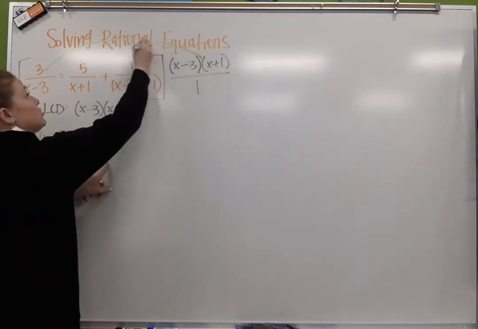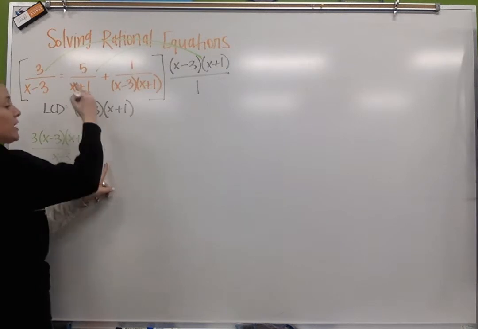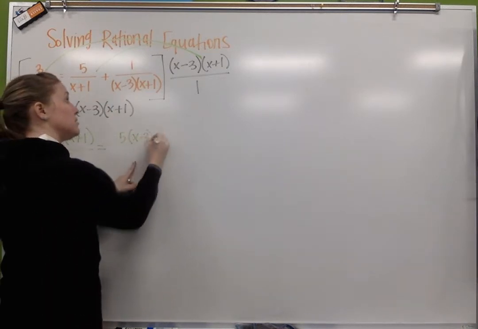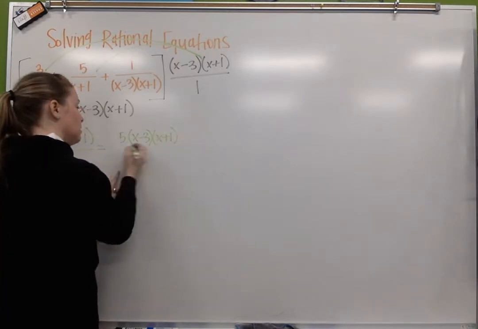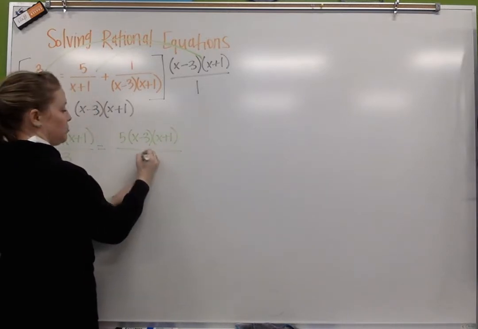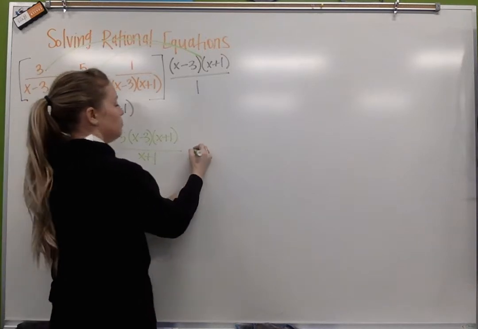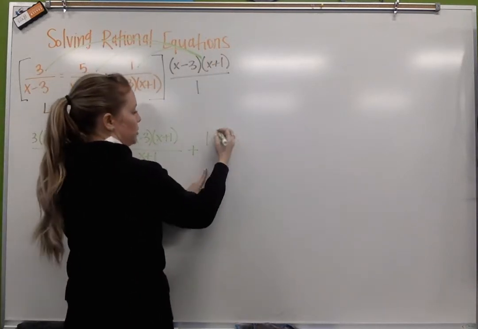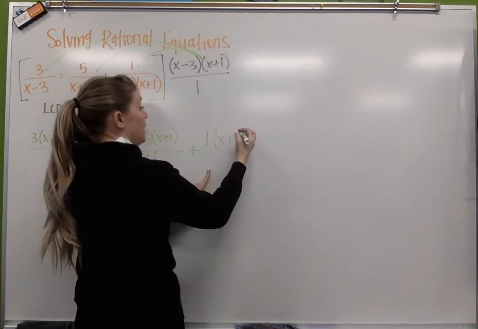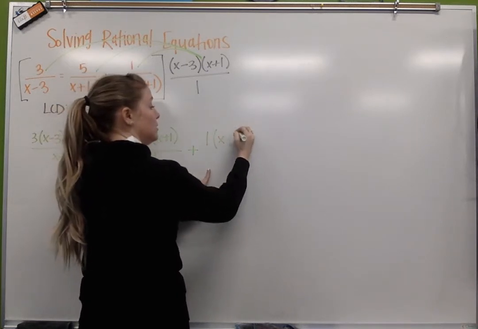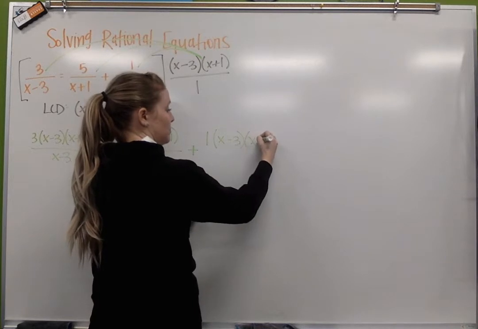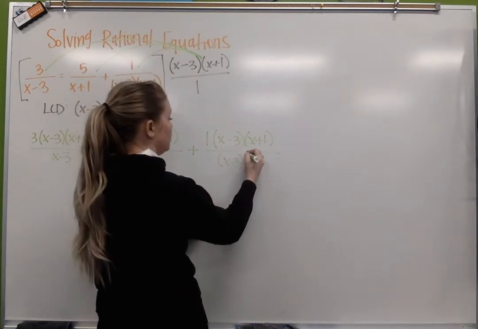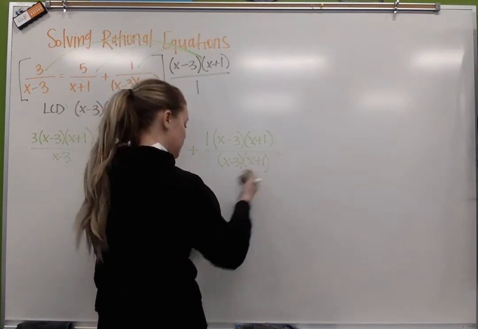equals, now I'm going to distribute it to this fraction, my 5 over x plus 1. So I get 5 times x minus 3 times x plus 1 all over x plus 1. Plus, now I distribute to this fraction, which is 1 times x minus 3 times x plus 1 all over x minus 3 times x plus 1.